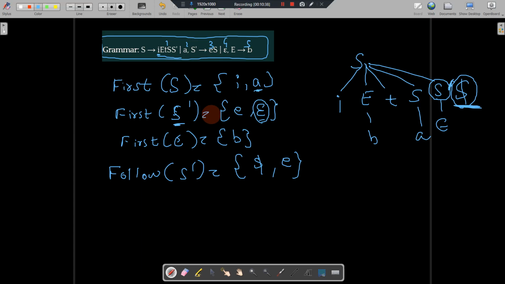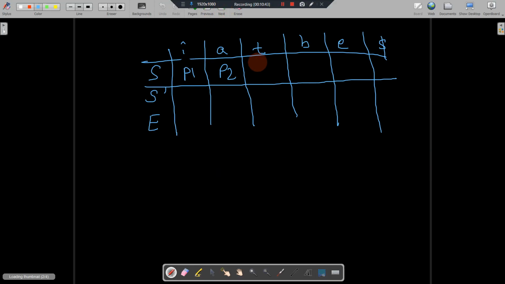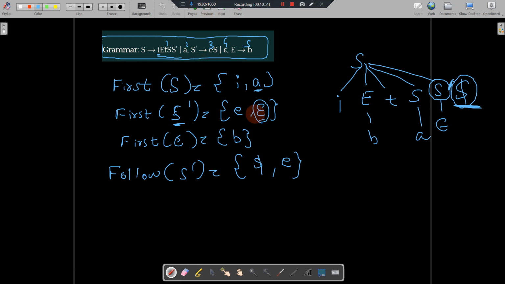Okay, we can get E from S dash using rule 3, P3. And S dash producing epsilon, we have to use the follow set. So cause it is epsilon, the empty string, after that we will get dollar and E. So under dollar and E and non-terminal S dash, we have to put rule number 4.